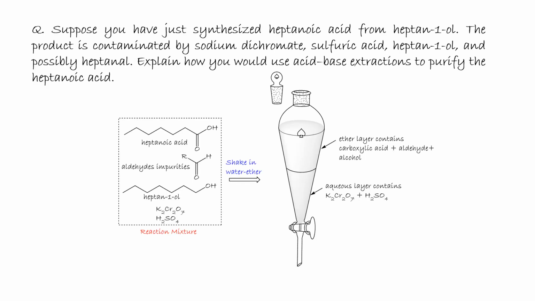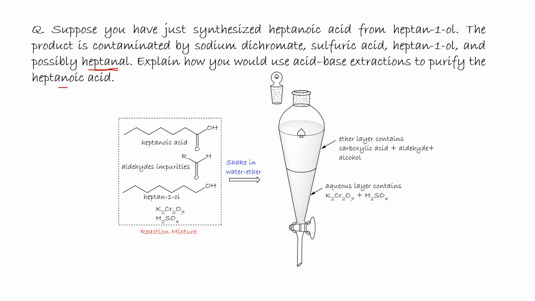Suppose you have just synthesized heptanoic acid from heptanol. The product is contaminated by sodium dichromate, sulfuric acid, heptanol, and possibly heptanal and its aldol condensation products. Explain how you would use acid and base extraction to purify the heptanoic acid.